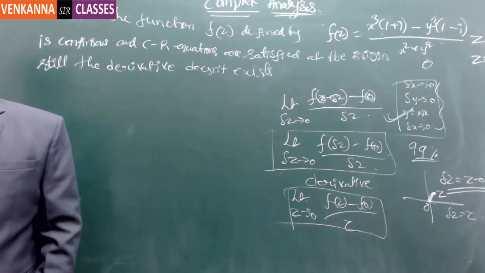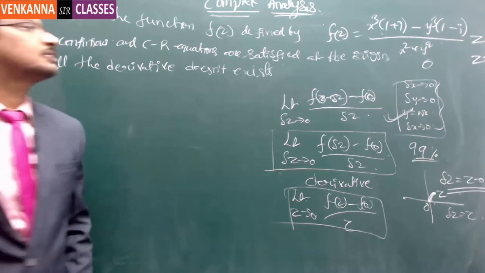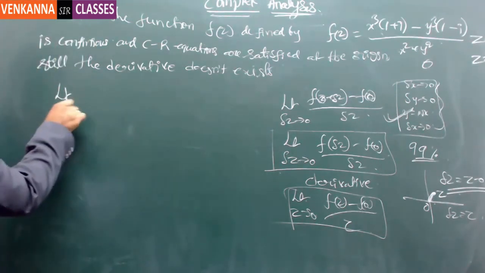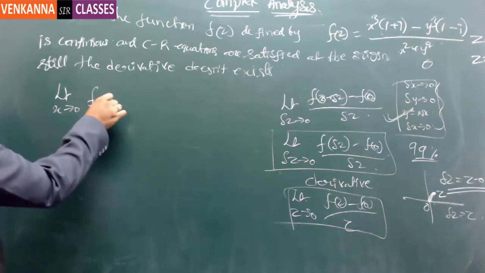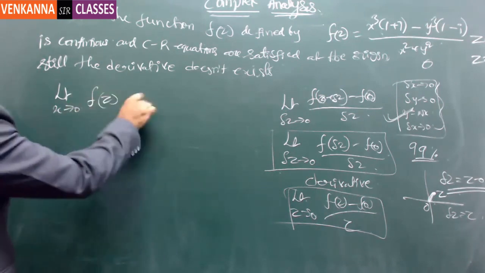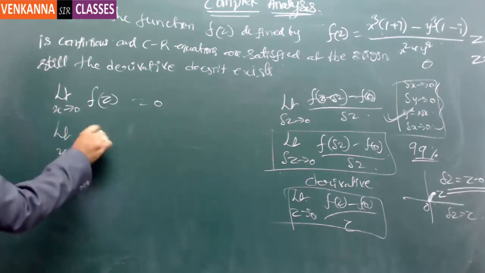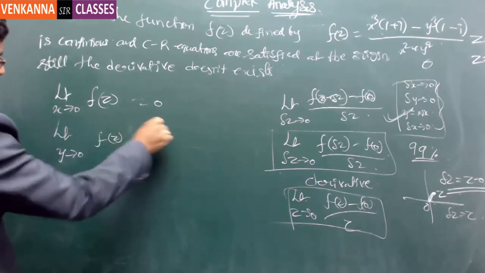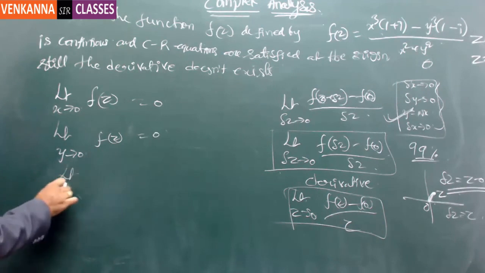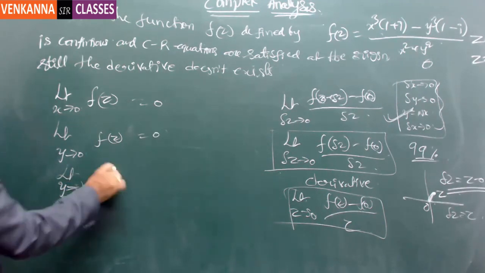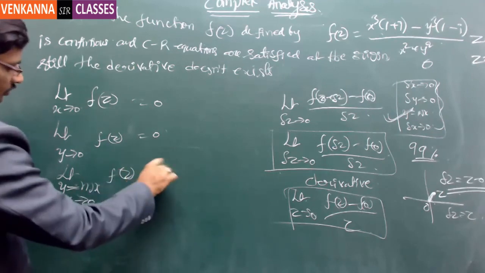Yeah, so that is the continuity case, right? The limit of this function, as x tends to 0, f of z is equal to 0, and as y tends to 0, f of z is also equal to 0. With y equal to mx and x tends to 0, f of z comes out to be 0.